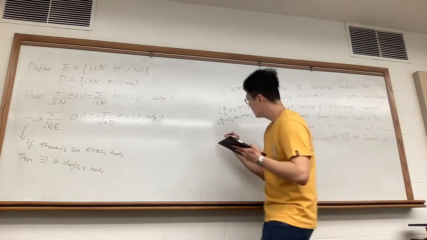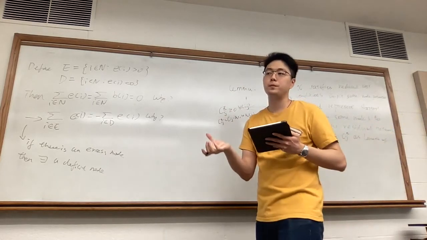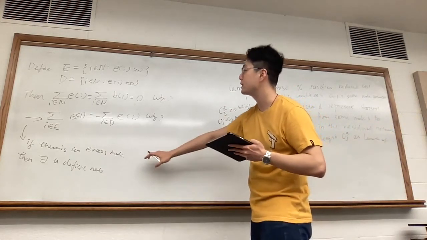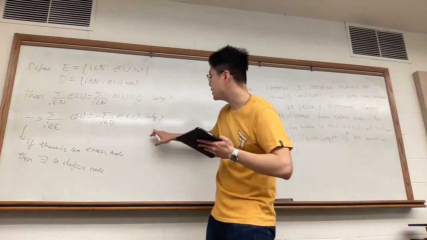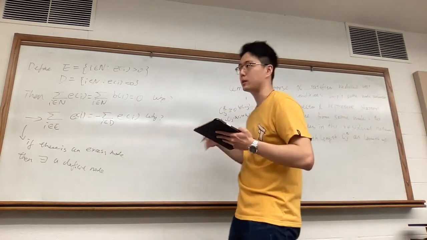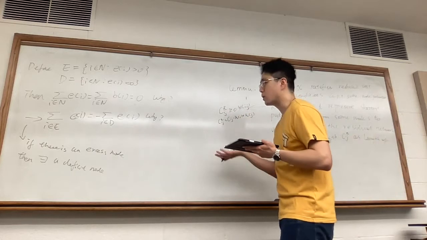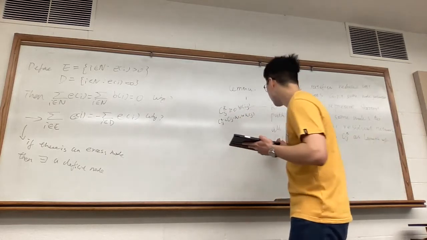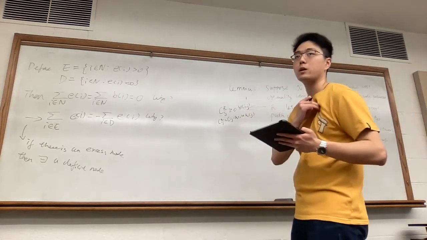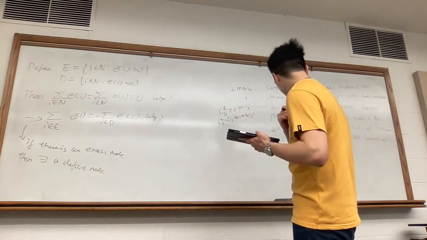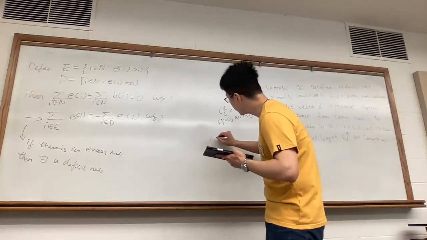So let's just say you are given a flow, and because the flow satisfies xij larger than or equal to 0, smaller than or equal to uij, of course you can find the corresponding residual network easily, right?